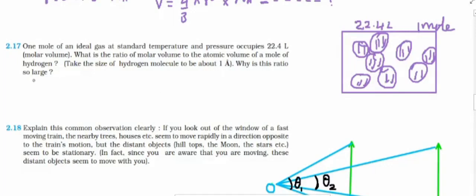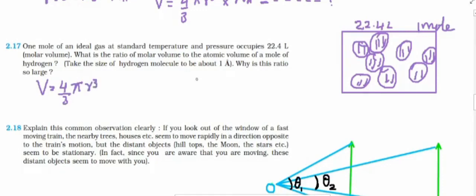Therefore, the actual total volume of hydrogen we can take as V is equal to, for 1 molecule, 4 by 3 pi r cube.